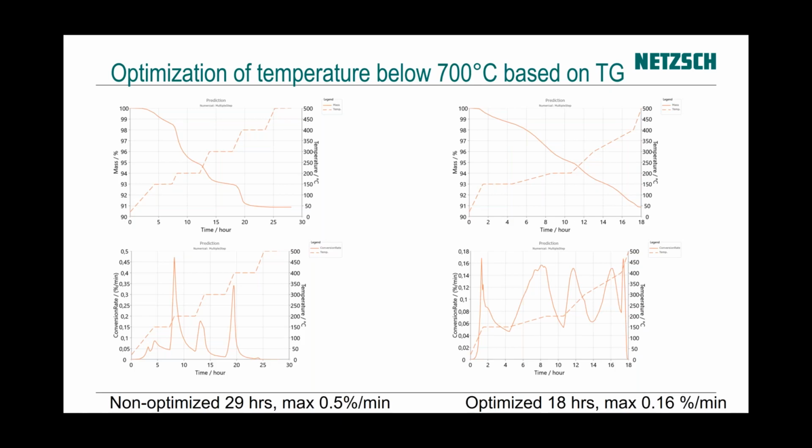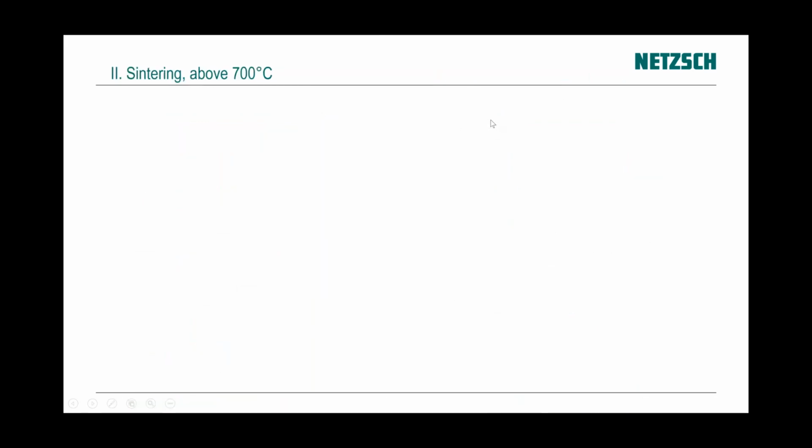Now we have the optimized profile. The first part is debinding of the sintering process, which happens below 700 centigrade. The next part is sintering, the shrinkage above 700 centigrade. Here the mass is not changed, but the length is changed because of shrinkage.